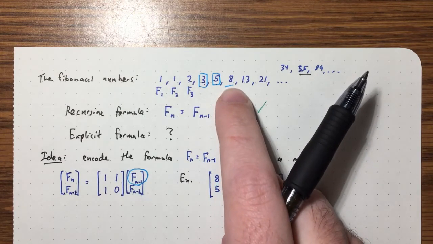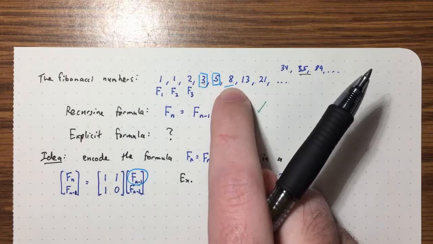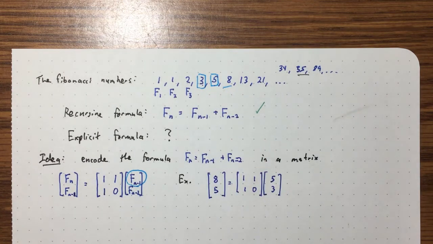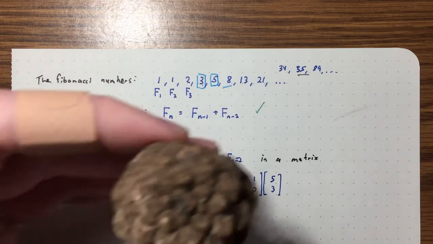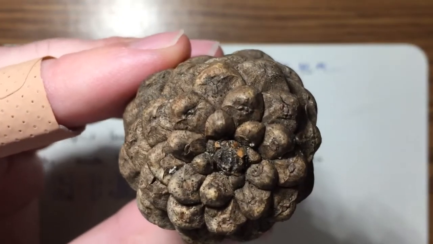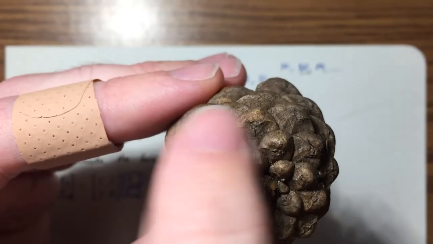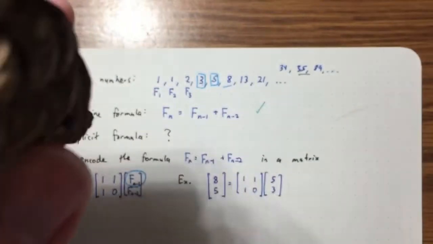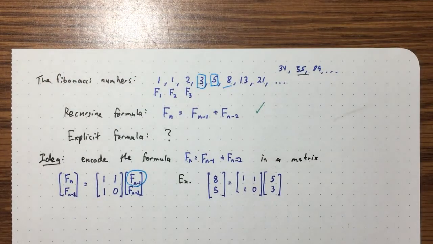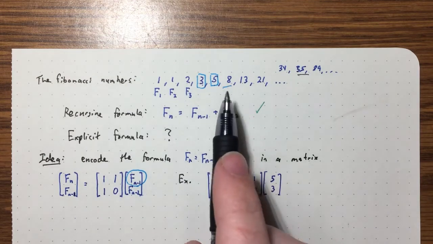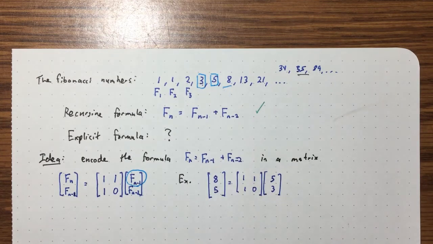And it turns out that this is not an accident. We did not just get lucky. If you go out and find a pine cone, and you do what we just did, you look at the base here, you'll see that there are 2 sets of spirals, one going to the left, one going to the right. And the number of each kind of spiral will almost always be 2 consecutive Fibonacci numbers.